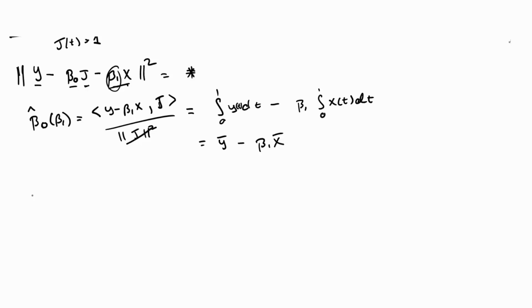Okay, so now we can make asterisk smaller by plugging in beta naught as equal to that quantity.